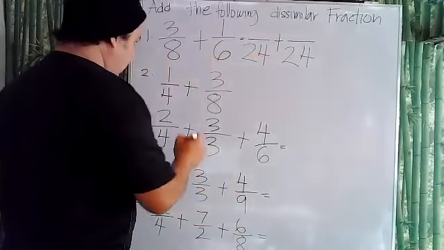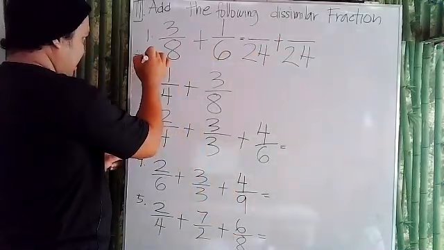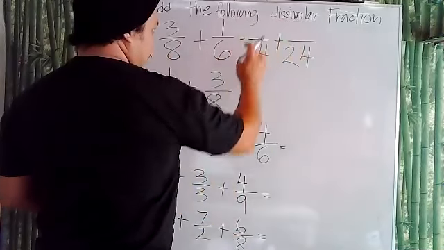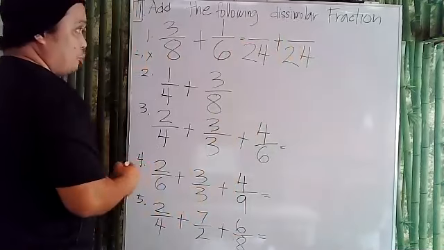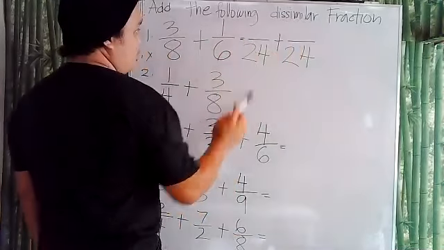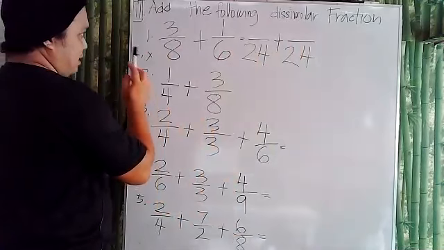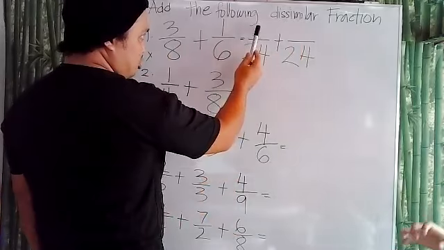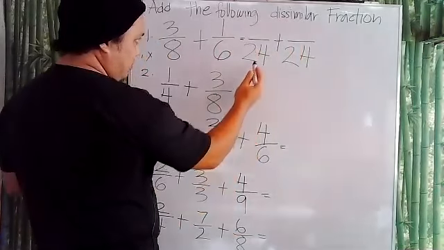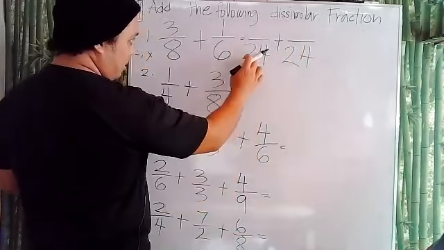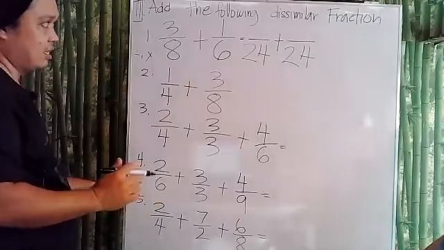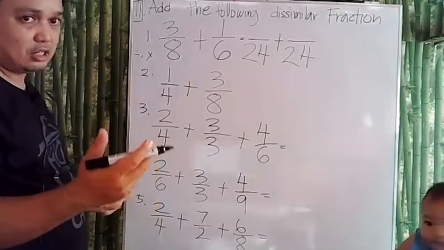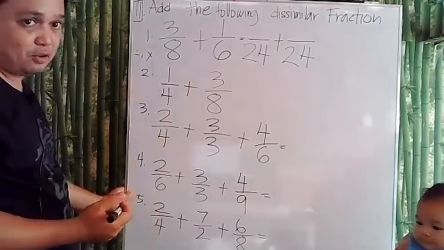And we must then divide and multiply to get the numerator for the new fraction. So to get the numerator here, let's divide: 24 divided by 8 is 3. 8 plus 8 is 16, 16 plus 8 is 24, so 3.